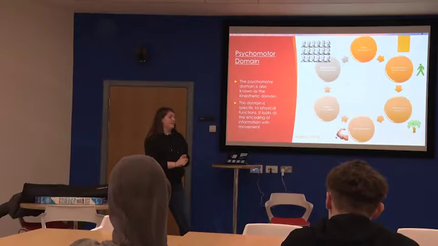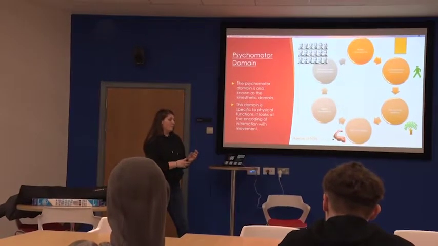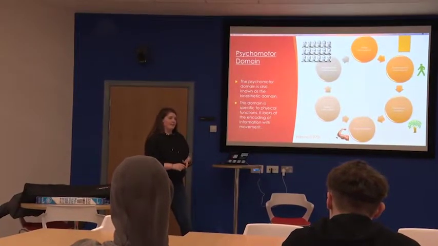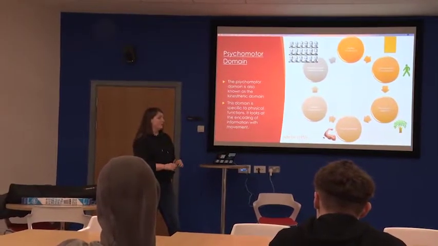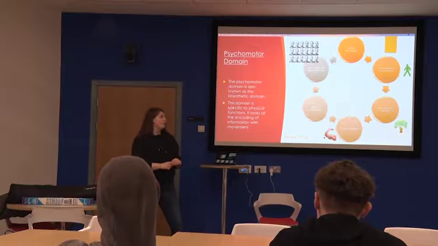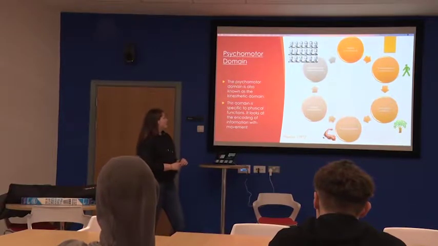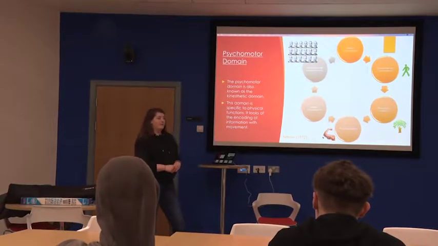The physical abilities is your strength, your endurance and your flexibility. Skilled movements are skills that you need specifically for your sport. And non-discursive communication is your facial expressions, but also what your body position is like whilst you're looking at how people are doing their movements, but also before you've done the movement, during your movement and after the movement.